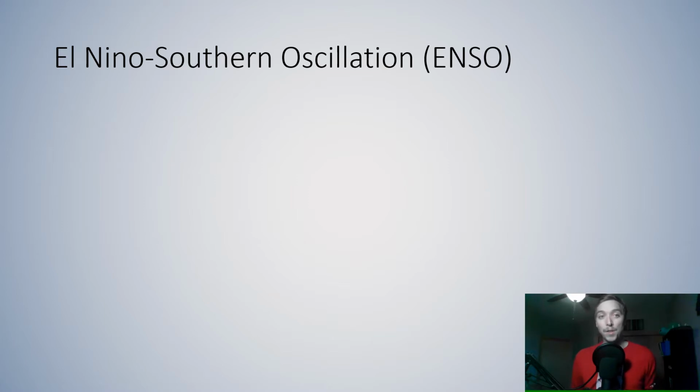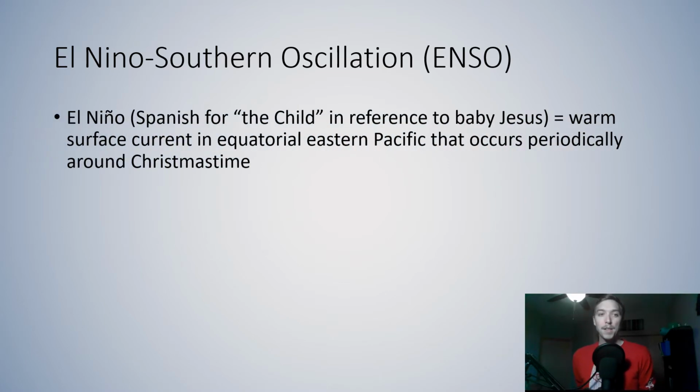The El Niño-Southern Oscillation, or ENSO, is basically in reference to the child, is the way to put it, and for a good reason, because when this was originally observed and originally commented on, it was always around Christmas time, and it was observed as a warm surface current in the equatorial eastern Pacific that occurred periodically.